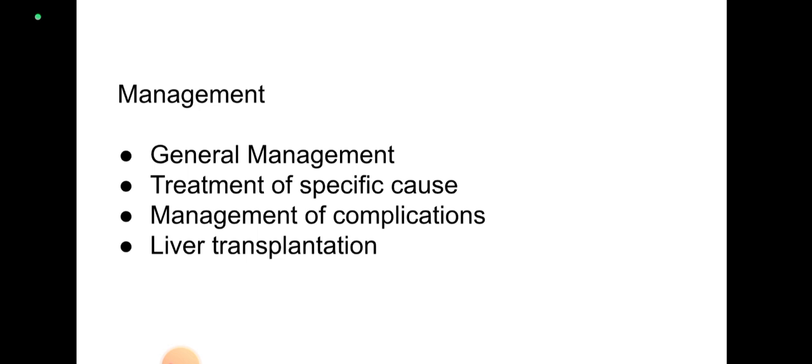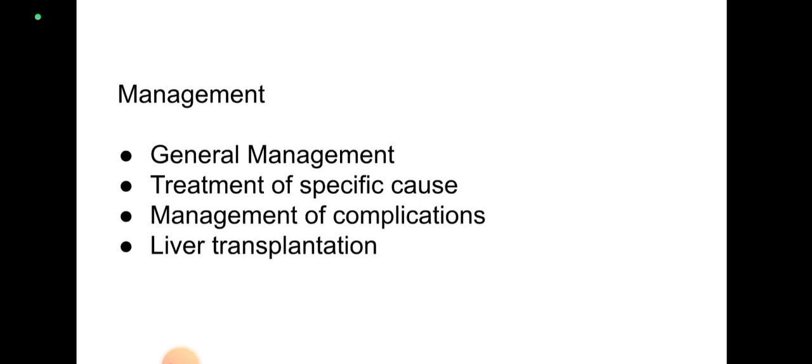Management of cirrhosis includes general management, treatment of specific cause, management of complications, and liver transplantation. General management includes diet, which should have an adequate amount of protein and calories, vitamin supplement, and salt restriction.